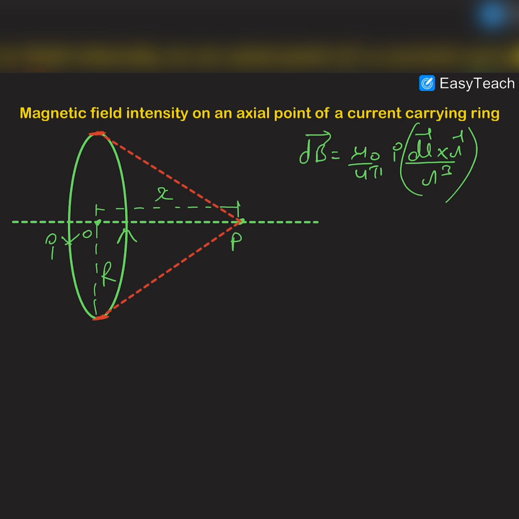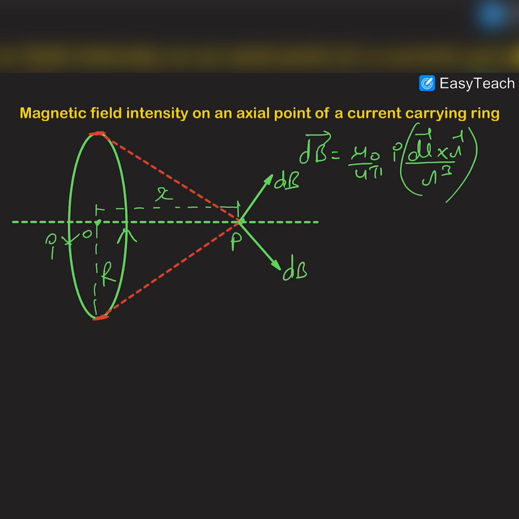So this is dl and this is r, so dB will be in the perpendicular direction of dl and r. So it would be like that. This would be dB and it would be like that, dB.